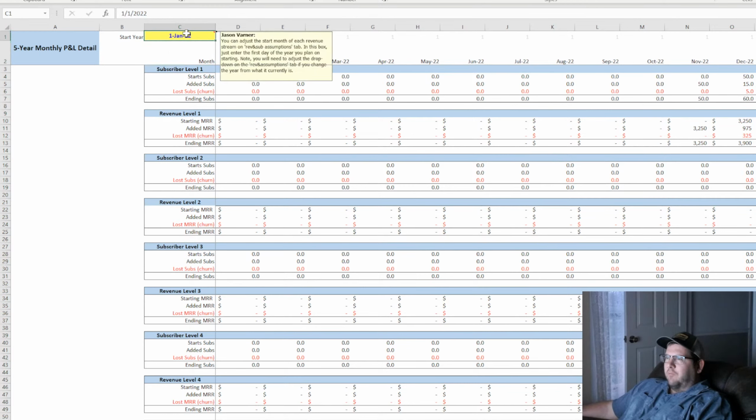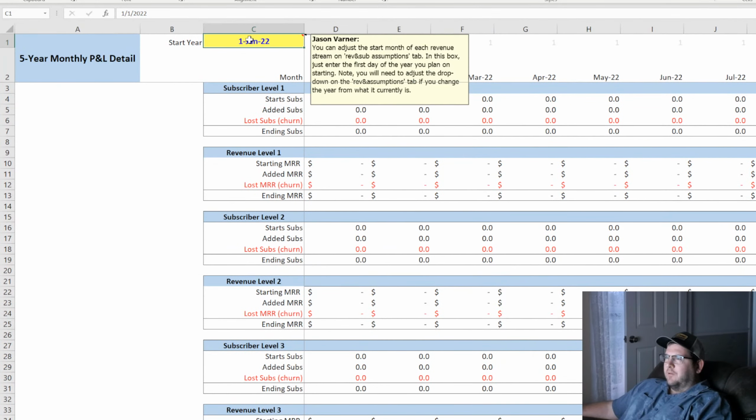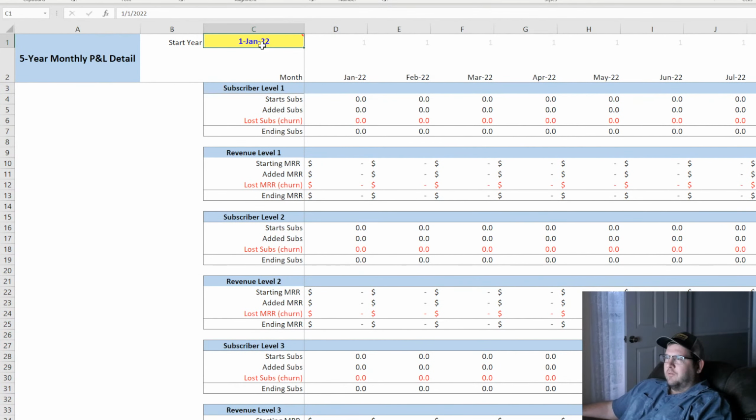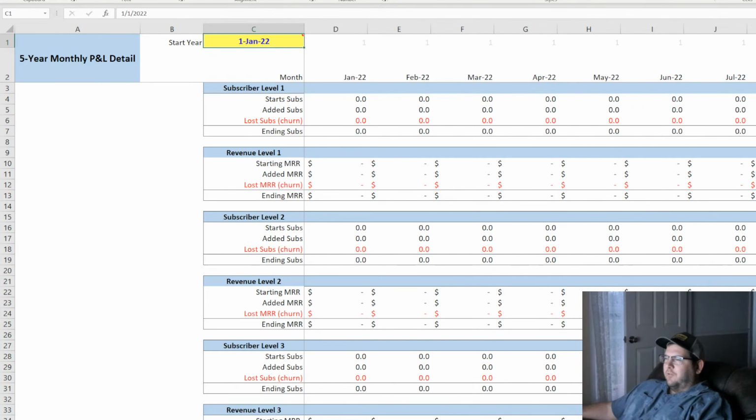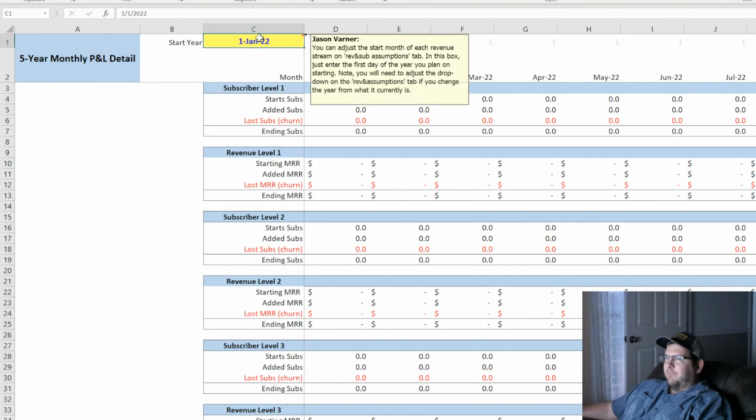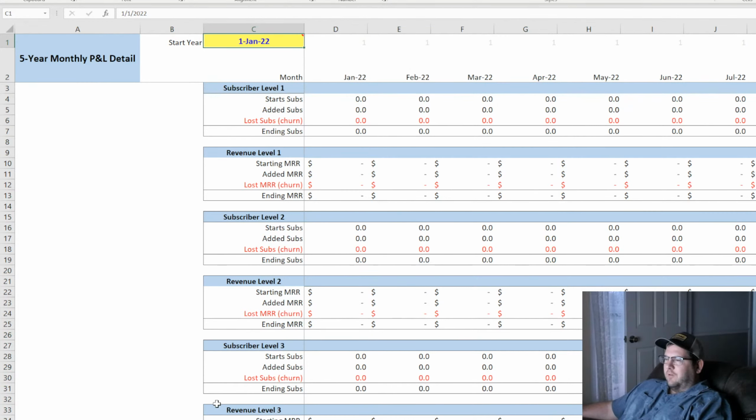You should only be in row 1 to change the date. Right here in cell C1. And literally click it and hit 2022, make the year 2022 instead of 2021. Yeah, we may need to screen share because I am beyond confused.